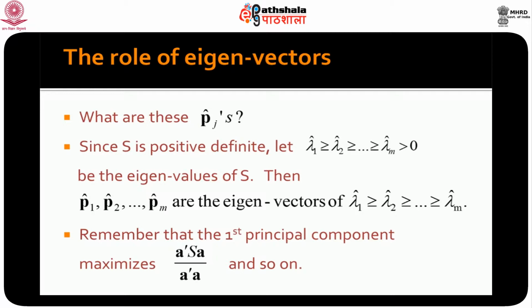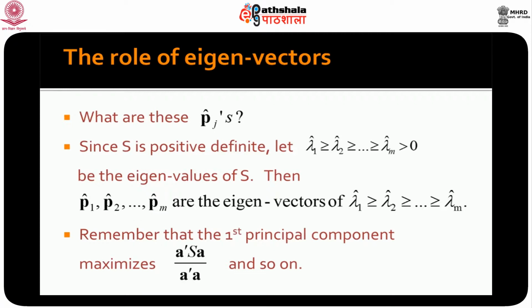It does not matter. But let P1 hat, P2 hat, Pm hat be the corresponding eigenvectors. So P1 hat corresponds to lambda 1 hat, etc. So these eigenvectors are, as before, used as the coefficients of the x's in forming the principal components. The first principal component is given by y1 hat, which is P1 hat prime x.